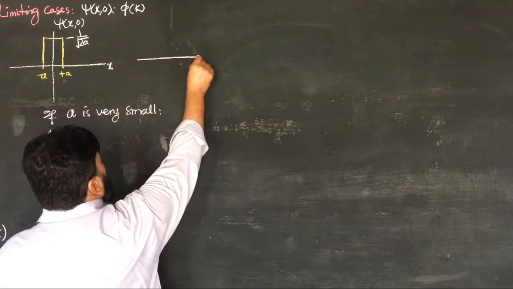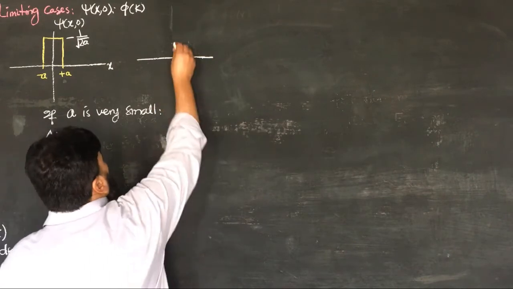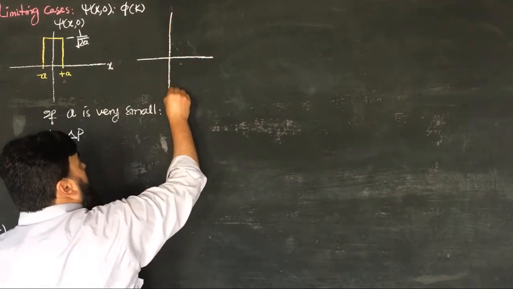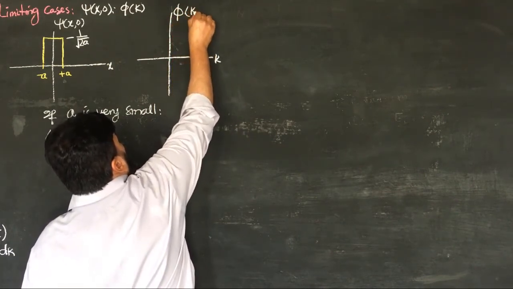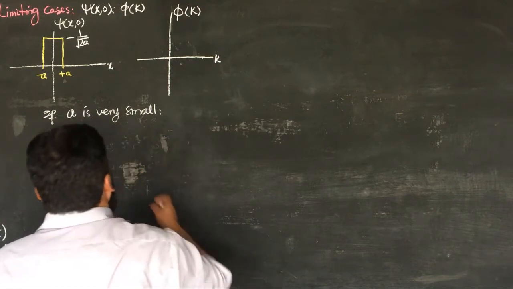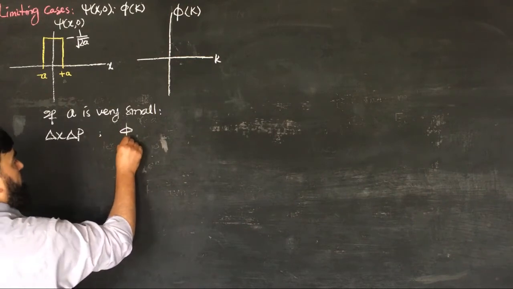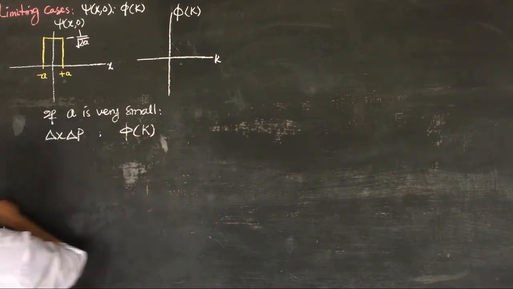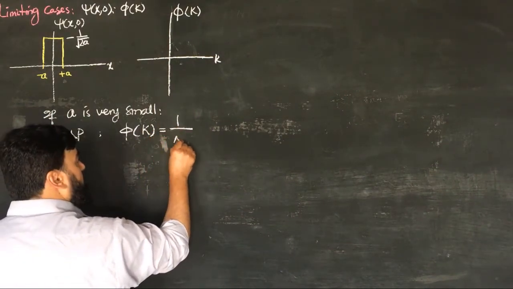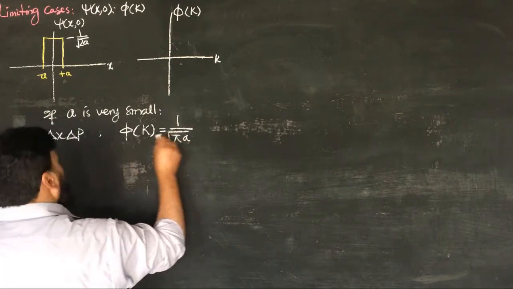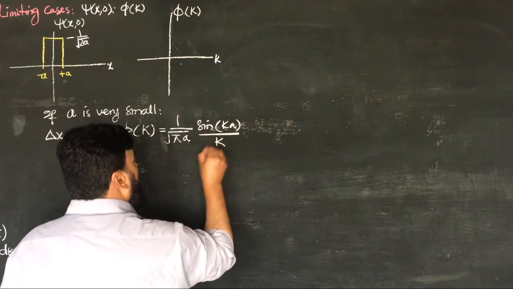And let's see what will happen if I plot here the k, then here I will have phi of k. Now when this is very sharp, then what will happen to phi of k here? As I know, phi of k is equal to 1 over pi a and sine of ka divided by k.